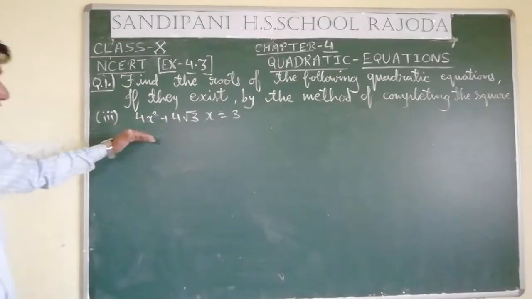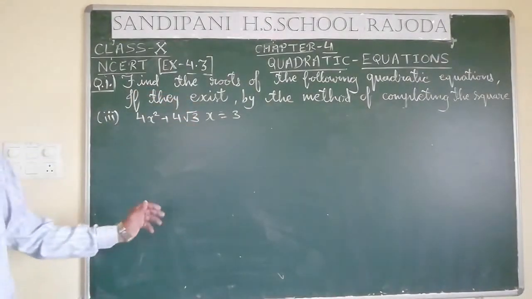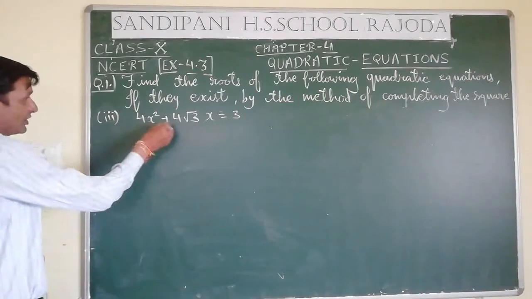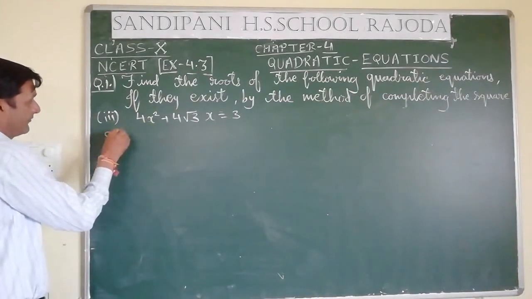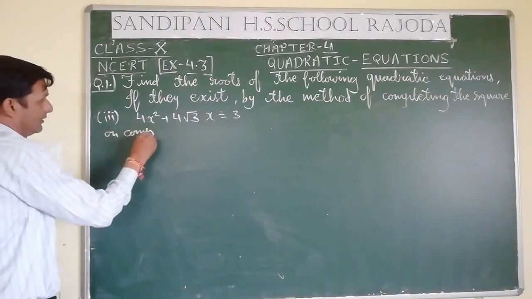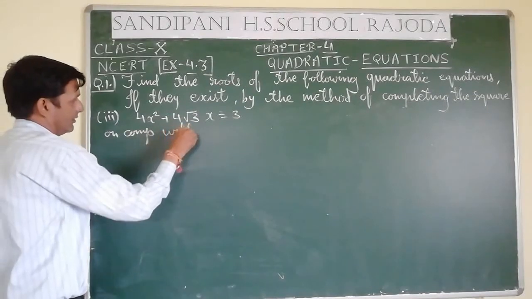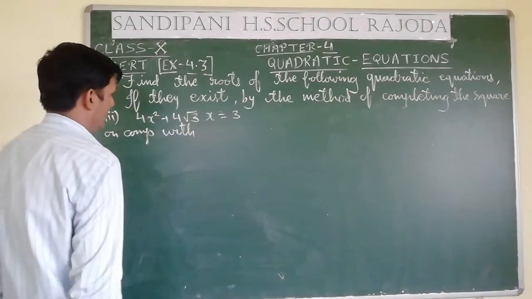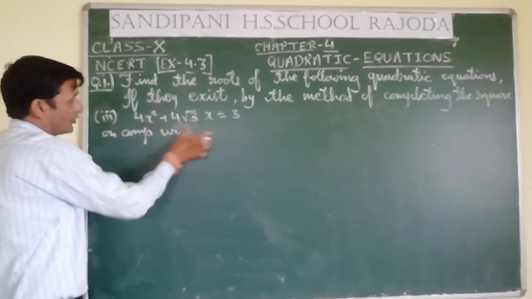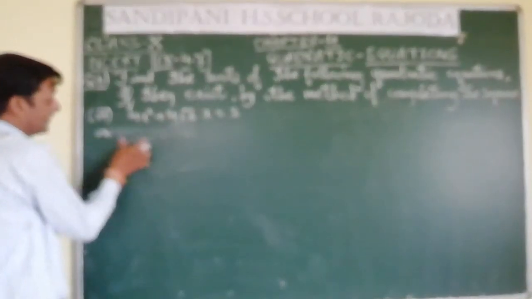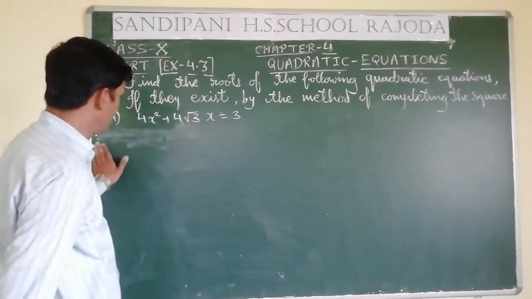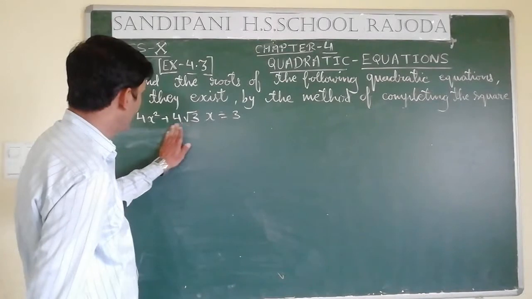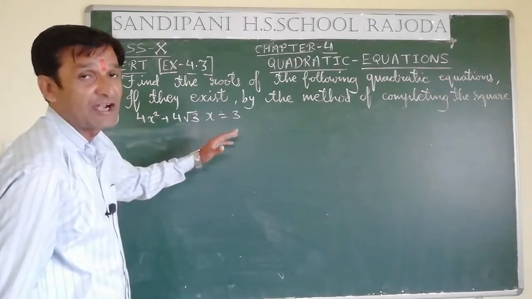In our third question also we have to find the roots if they exist. So for checking the roots, on comparing with, before comparing, we have to bring that positive 3 part of RHS in LHS for making it standard form.